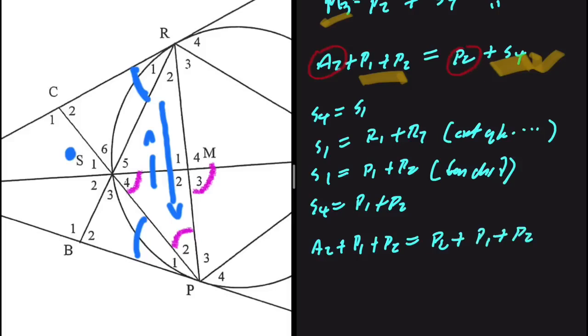So take a look at this. P1 plus P2, P1 plus P2. So A2 is equal to P2 because A2 plus P1 plus P2 is equal to P2 plus P1 plus P2. So A2 should be equal to P2 because of that. And this is the most difficult Euclidean geometry question I've ever solved.